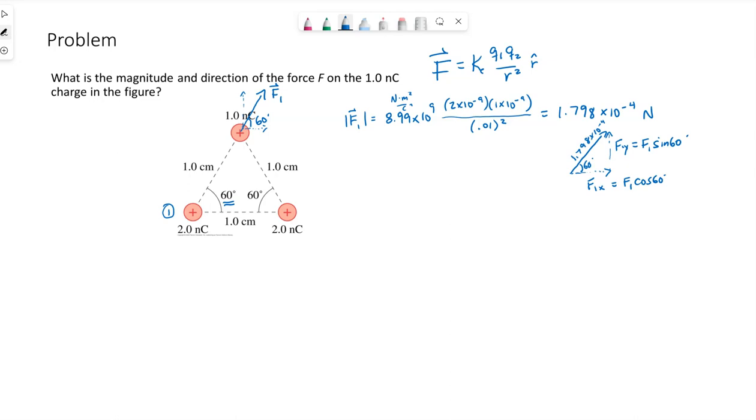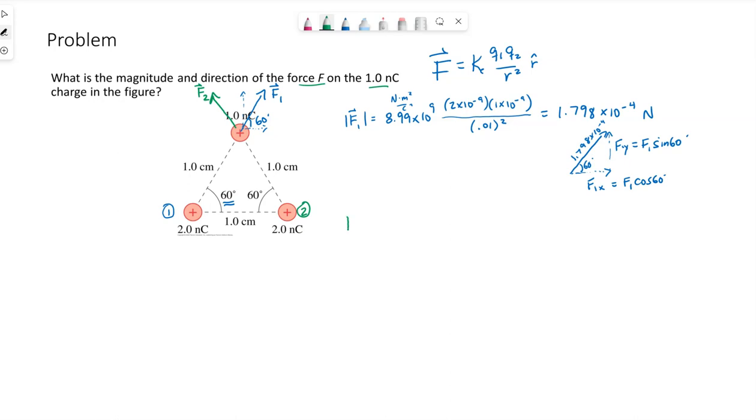The 1 nanocoulomb charge, though, is also feeling a force from this other 2 nanocoulomb charge. Because they are both positively charged, they repel each other. I only need to draw the force on the 1 nanocoulomb charge because that's the charge I'm trying to answer in the question. What is the overall force on this specific charge? So I don't need to draw the forces or consider the forces on those 2 nanocoulomb charges, just the 1.